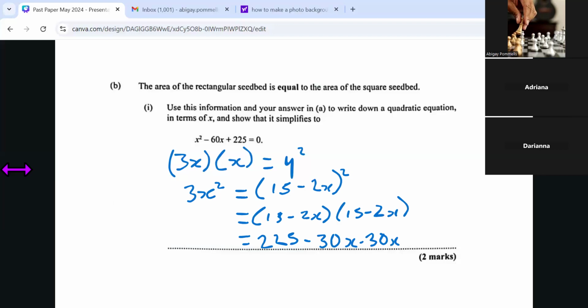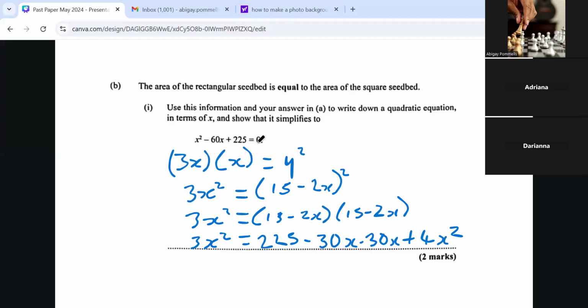And then negative 2x times negative 2x is positive 4x squared, and everything here is equal to 3x squared.